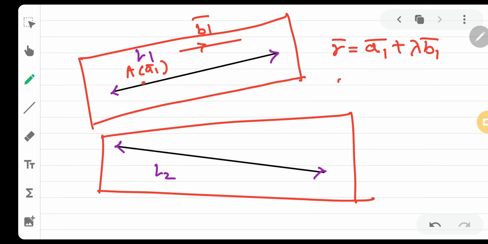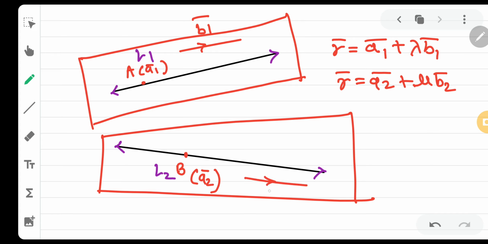And you have the second line: r bar equals a2 bar plus mu b2 bar. We have to call that mu because it is a different line. This line 2 has another point B, let us say, with position vector a2 bar, and this is parallel to b2 bar. Now, how do we find the shortest distance between the two lines?